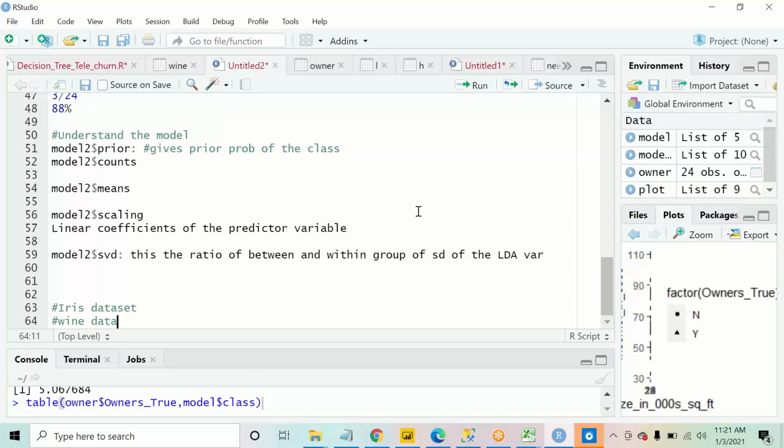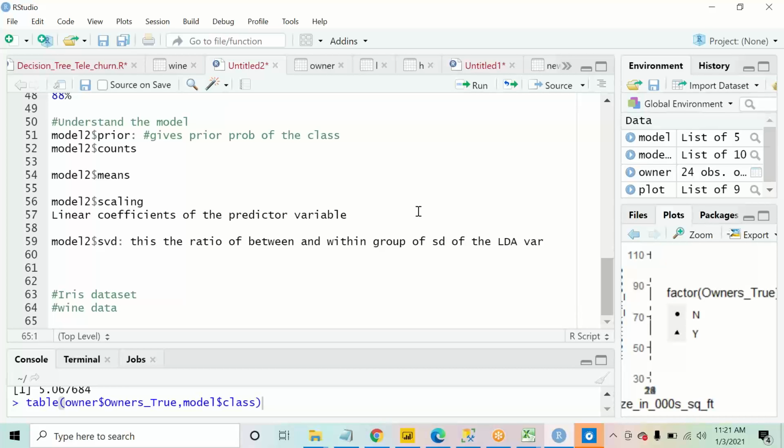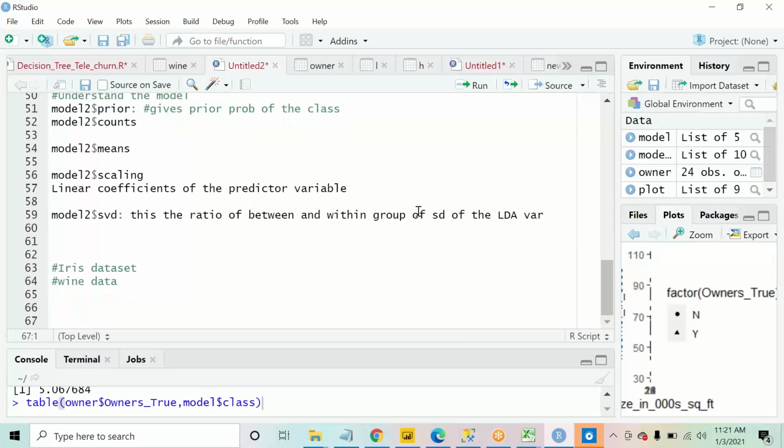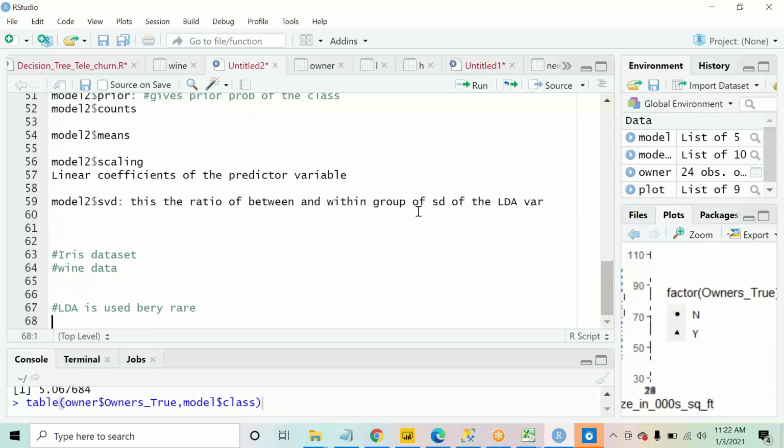But if I talk in terms of practicality, to be very honest, the LDA model is very rarely used. The reason is that there are very few situations where you will get all the predictor variables as numeric and the target variable as categorical.